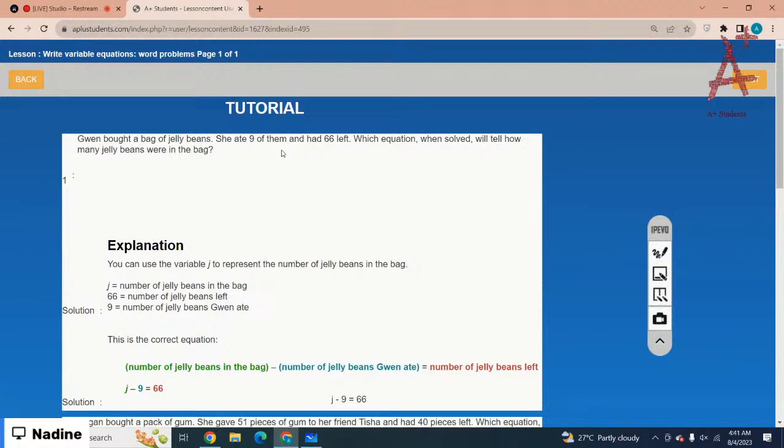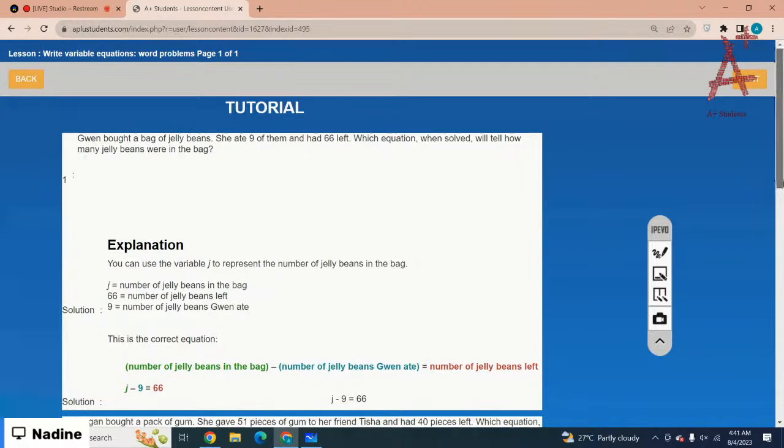That means the total jellies are J. Number of jellies left 66, and the number of jellies she ate is 9. So the equation would be J minus 9 equals 66. Right?